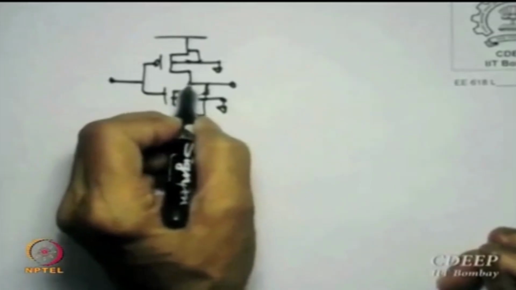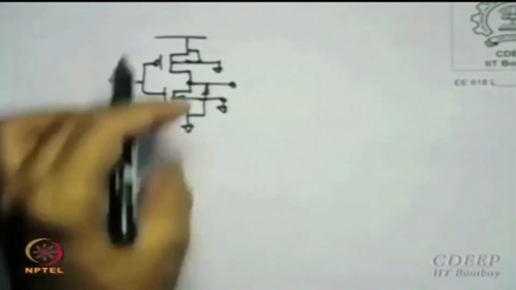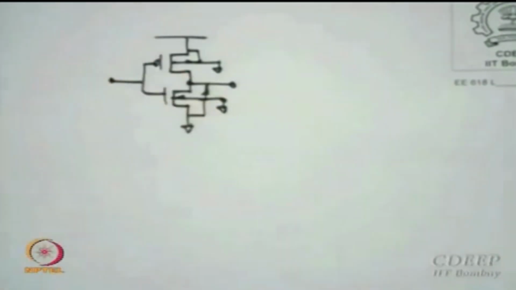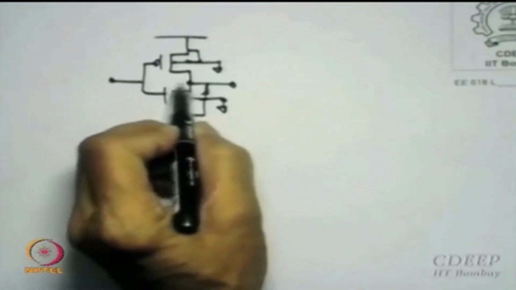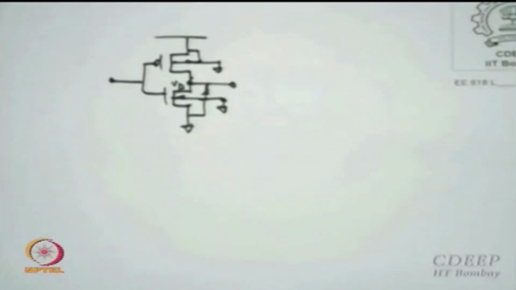you can see that whenever current passes through this N channel, there will be a potential drop here. The center point, which is your output point, will have a voltage VDS of the lower transistor. Whatever is the VD of the lower transistor is actually VD of the upper transistor also.